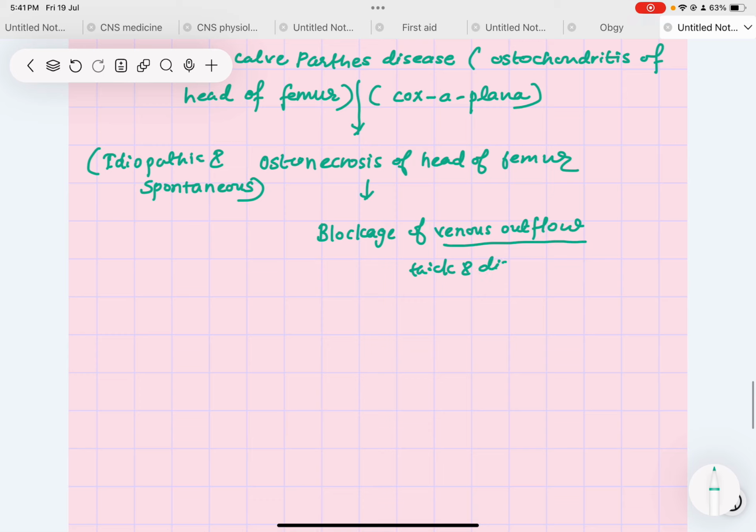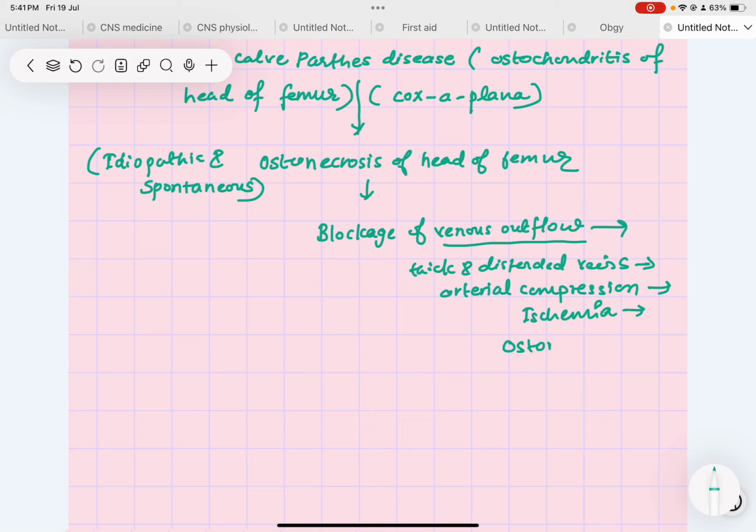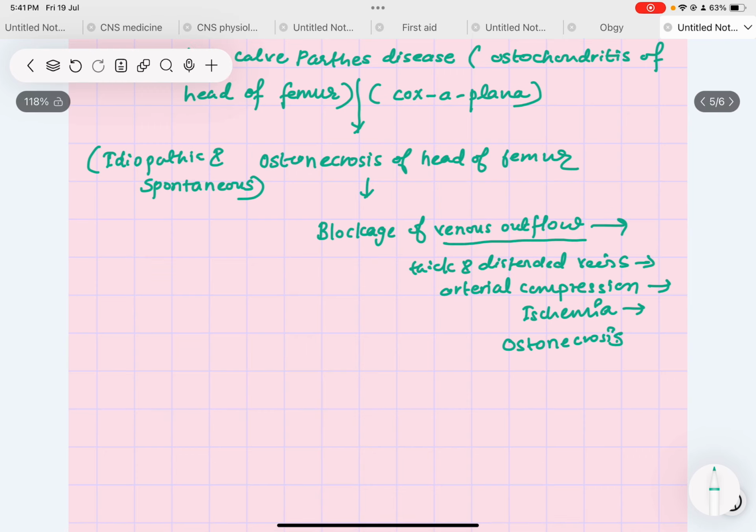So, thick and distended veins will cause arterial compression, so ischemia, and that's why osteonecrosis.